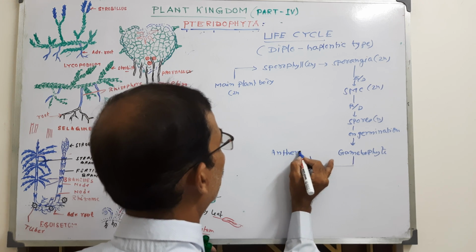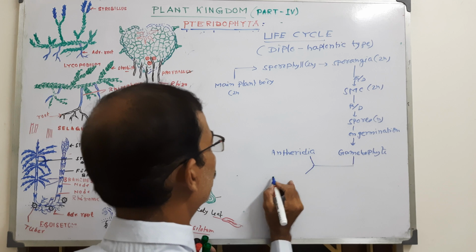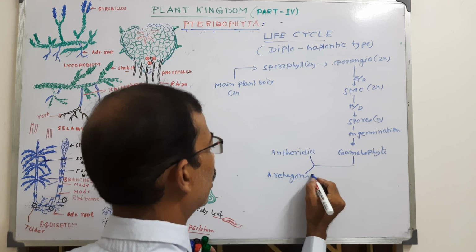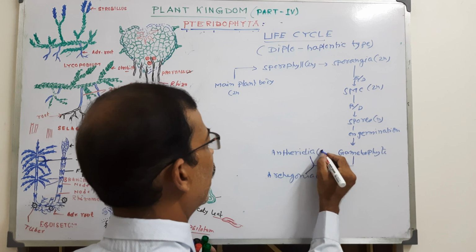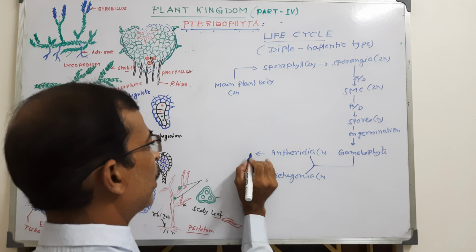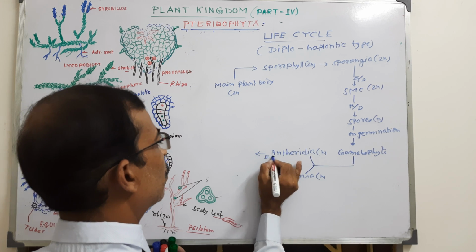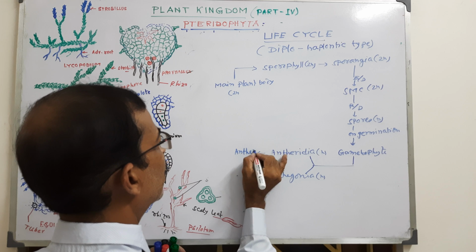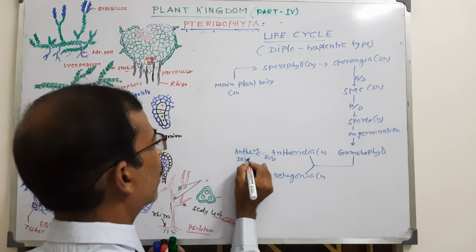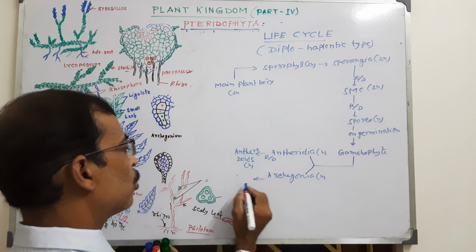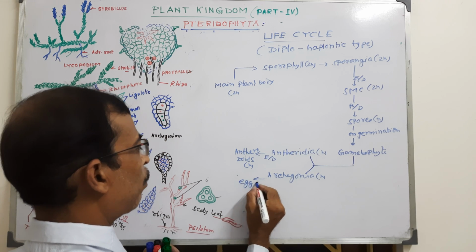That is antheridia, the male sex organ, and archegonia. Both are haploid in nature. Antheridia produce, by mitotic division, many antherozoids, which are haploid, and archegonia produce the egg, which is haploid in nature.